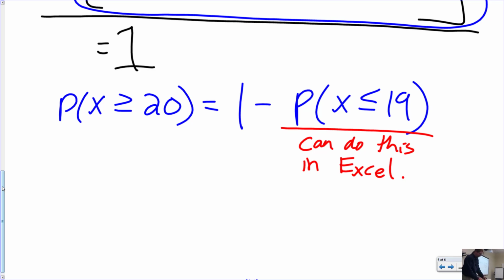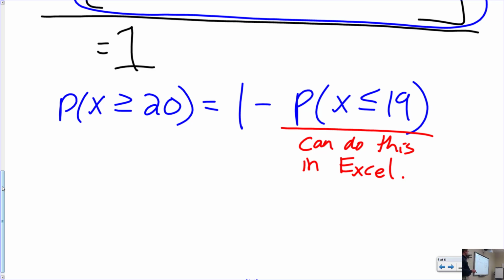Let's try one of these out of the book then in 5.2. What did I assign in 5.2? I will just do an odd one, that'll be safe. Alright, so yeah, every 4 after that. Alright, so let's do number 20.